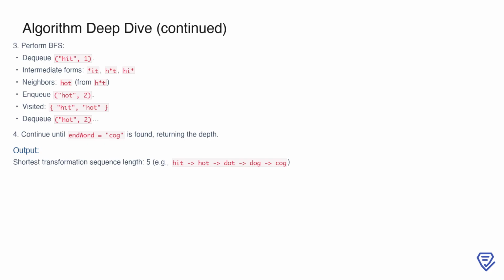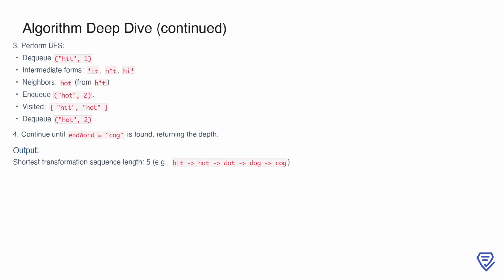During the BFS, we dequeue the first element in the queue, which is (hit, 1). We then generate the intermediate forms of hit, such as *it, h*t, and hi*. Looking up these patterns in the intermediate dictionary, we find that hot is a valid neighbor through the pattern h*t. We then enqueue hot with a depth of 2 and add it to the visited set.